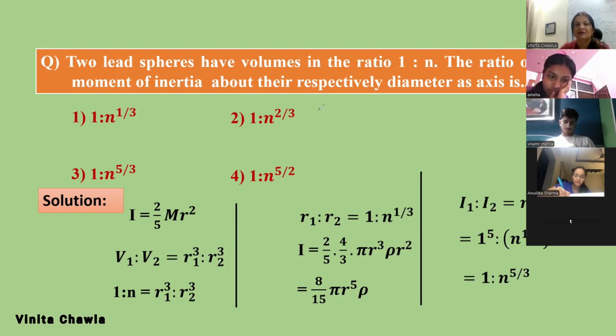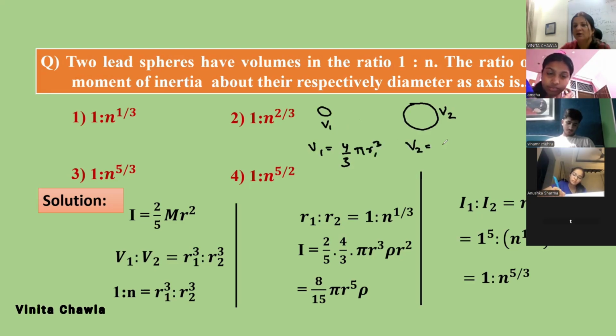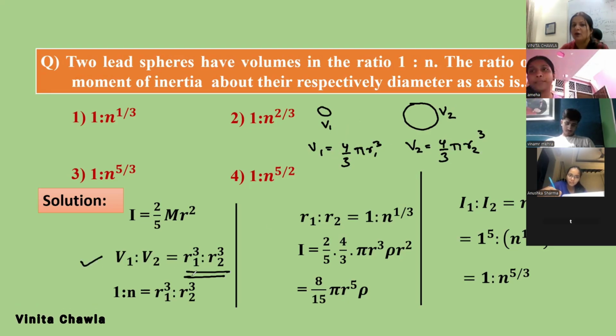देखो, first we have two lead spheres. We can draw like this. They have different volumes. Volume of this lead sphere is V1 and volume of this lead sphere is V2. So we can write V1 as 4 by 3 pi R1 cube and V2 as 4 by 3 pi R2 cube. When you'll take the ratio 4 by 3 pi cancel हो जाएगा और हमें सिर्फ ये मिलेगा, R1 cube is to R2 cube.